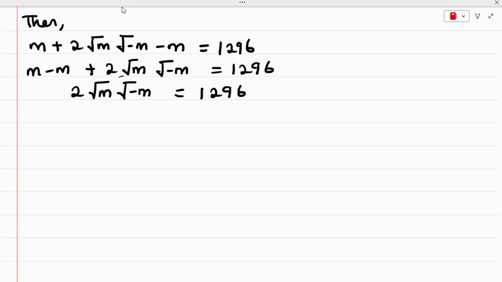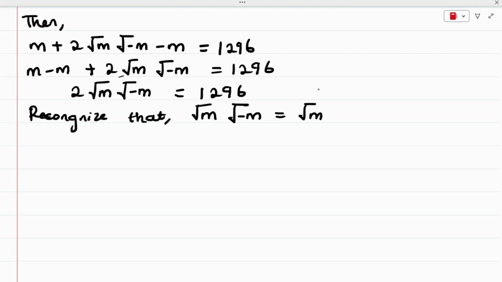So what we want to simply recognize is that the square root of m times the square root of negative m is equal to the square root of m multiplied by the square root of minus 1 multiplied by the square root of m, and we know that the square root of minus 1 is equal to i.